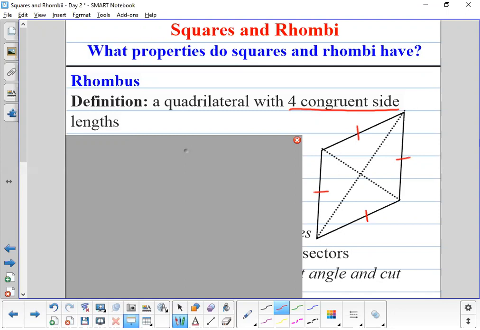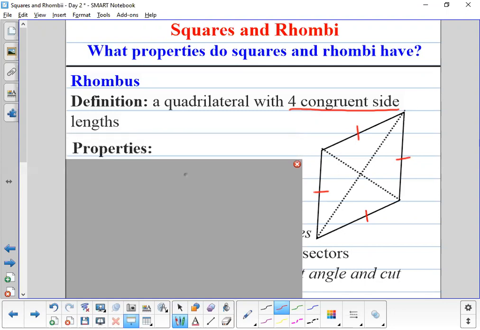We discovered that rhombi also have several properties that are true. So here's the list of all of the properties that are true. And in the case of the rhombus, a lot of the properties that we figured out were based on reflection symmetry. The rhombus has reflection symmetry. I can fold it in half along the diagonals, and that's going to help me discover some of the properties about it.